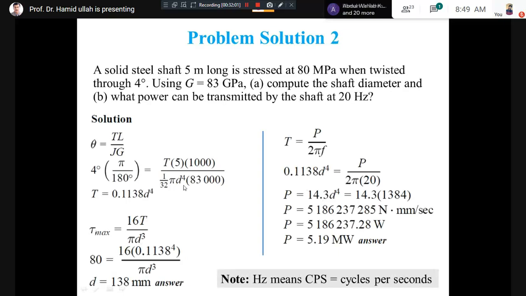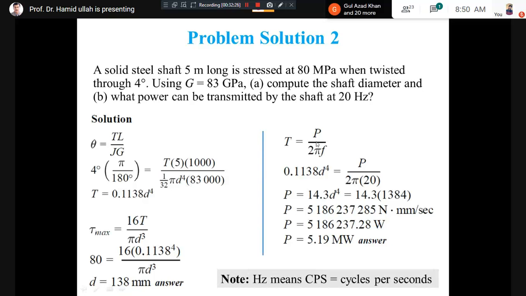So using this small relation, you can convert angle from degrees into radian, right? So dia equal to 0.11 power 4, which is given in terms of dia, because that's still not known. But the good point is we have another formula also, the maximum shear stress formula. From here you can see dia equal to this much mm. So this is the answer for dia.